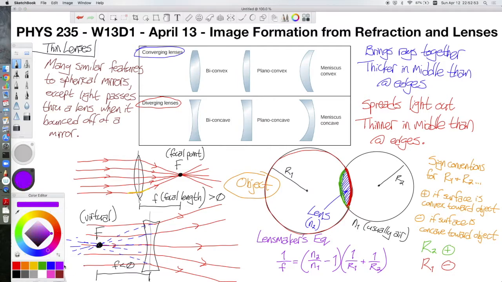So I double-checked in the textbook and determined that my mistake was right here. This is supposed to be a minus sign between the 1 over R1 and the 1 over R2, and that will allow the answer to be either converging or diverging consistently, no matter what side of the lens the object is on. So you should get the same answer either way.